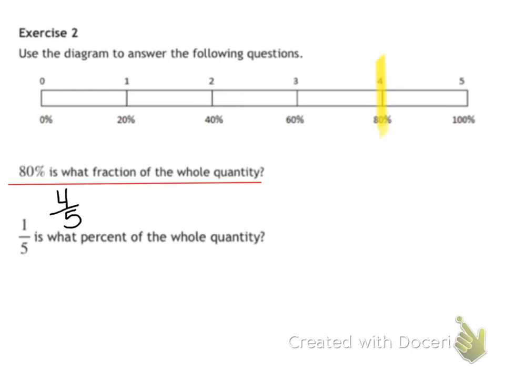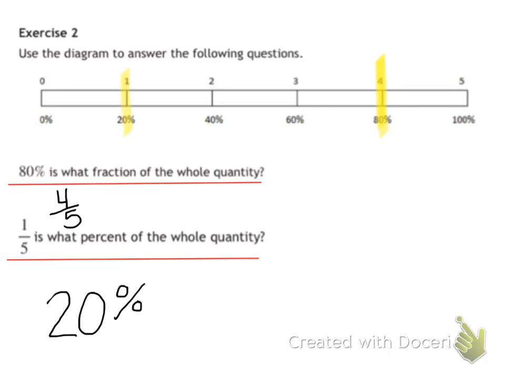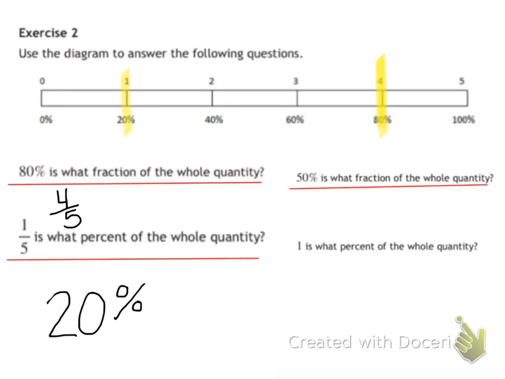Now it's asking me 1/5 is what percent of the whole quantity? Well, I'm going to go to 1, right? 1 out of 5. And I can clearly see that 1/5 is 20% of the entire quantity. 50% is what fraction of the whole quantity? So I don't have 50% on my tape diagram, but I can easily find it.